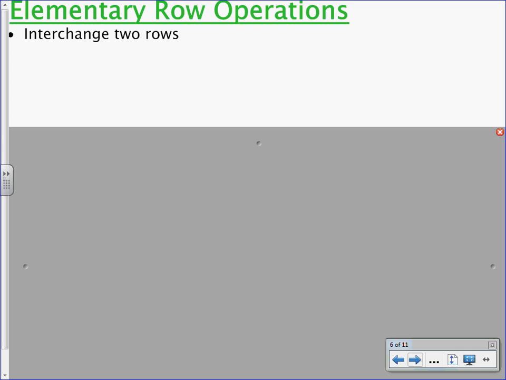So I'm going to make up a matrix. Matrix 1, 2, 3, 4, 5, 6. We can interchange two rows. So I can take row 1 and row 2 and make them swap places.